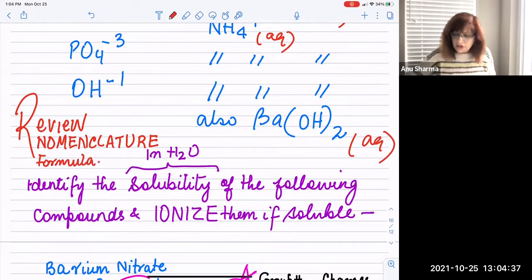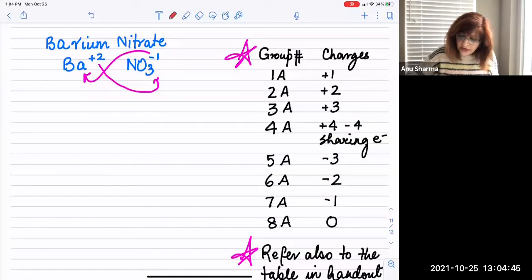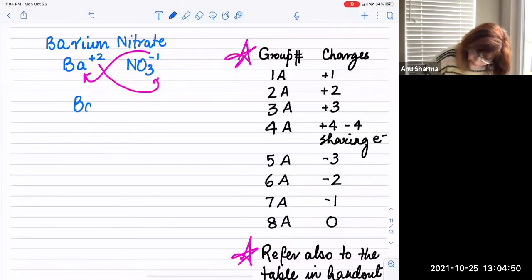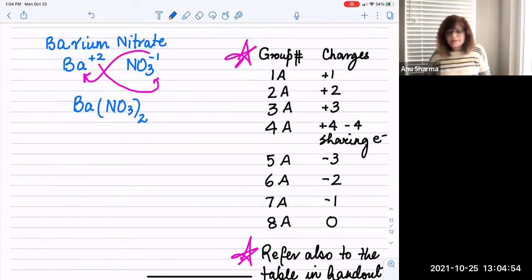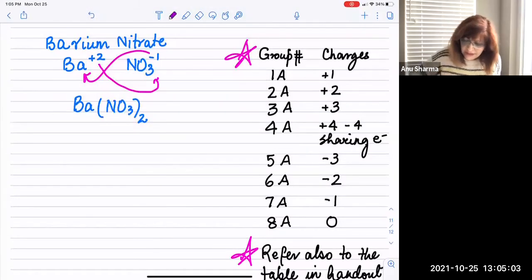That is important, so you have to consult the handout or the books, and also the lecture notes. So here, when you crisscross, you get Ba(NO3)2, that's one piece.